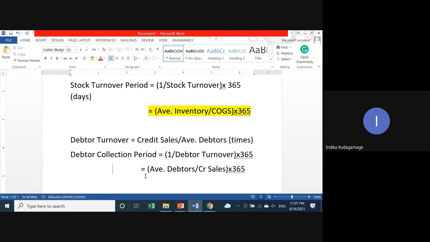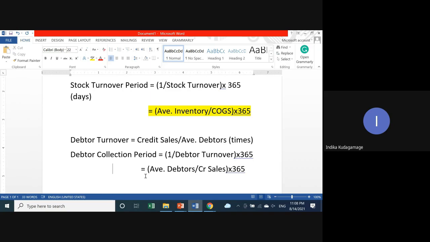They were getting money faster. They were not utilizing limits. So they saved on the short-term interest portion. When the debtor turnover is high, that means the number of days you take to collect debtors will come down.